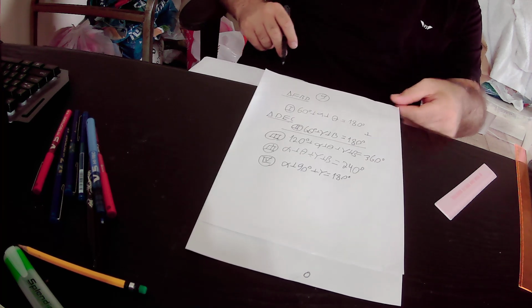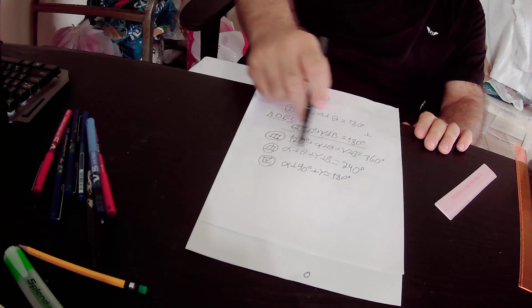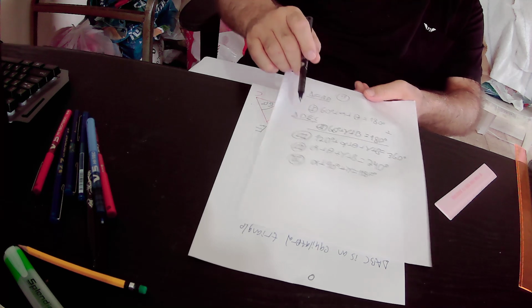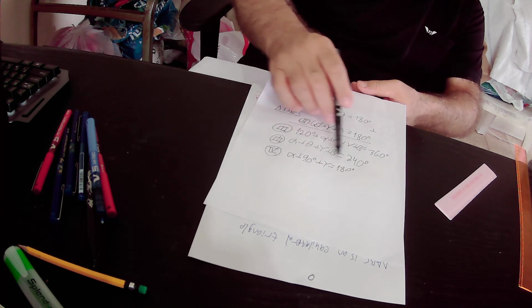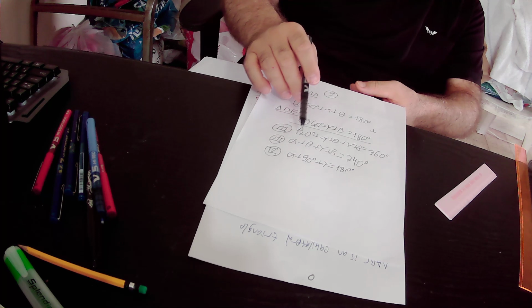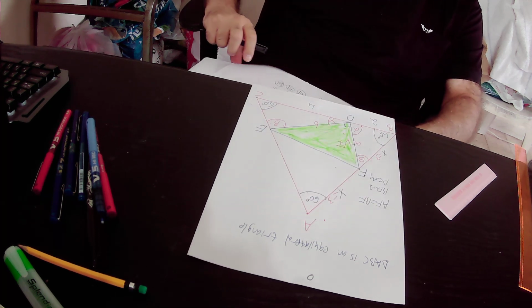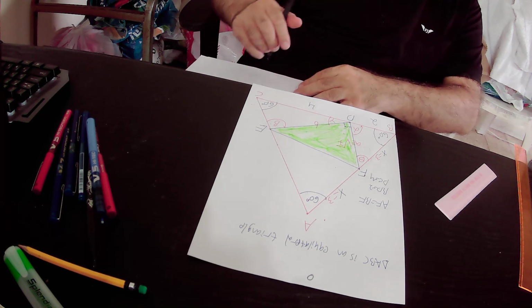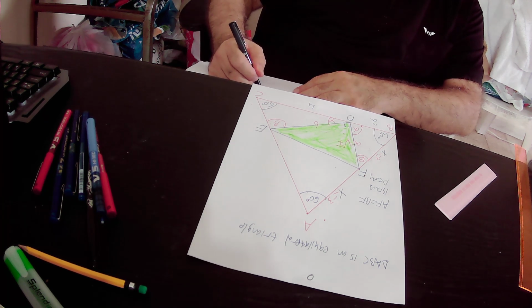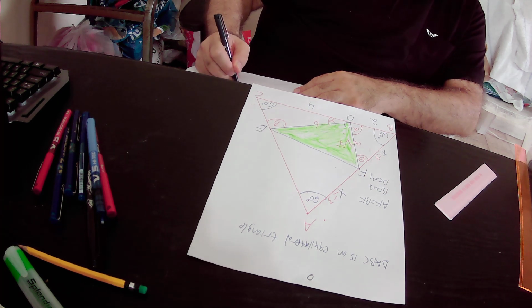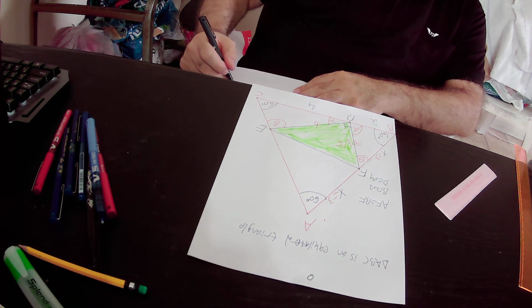Here we can subtract 90 degrees from equation number 4. Again, we will subtract 90 degrees from equation number 4, this equation, and we will get that alpha plus gamma equals 90 degrees.